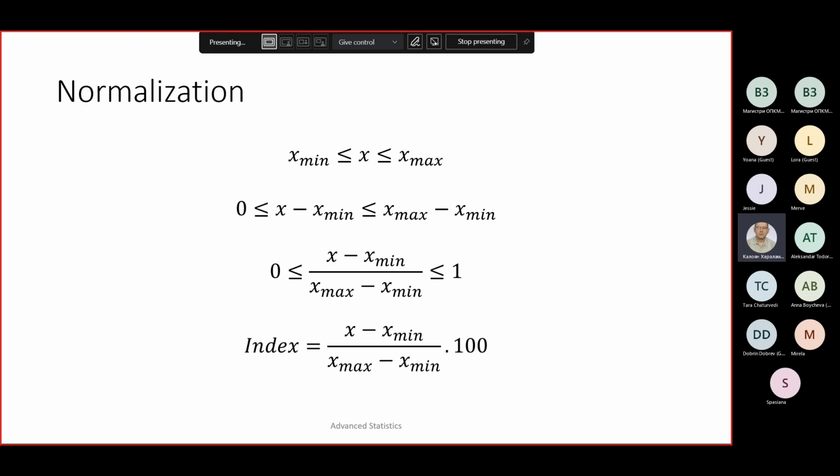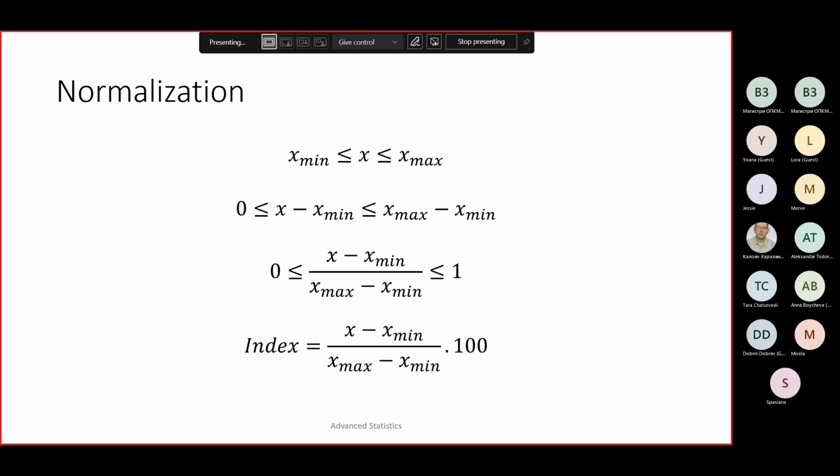So this means that x minimum is the theoretical minimum, and x maximum is the theoretical maximum. Then we can recalculate this interval, these limits of the interval, to become 0 and 1.